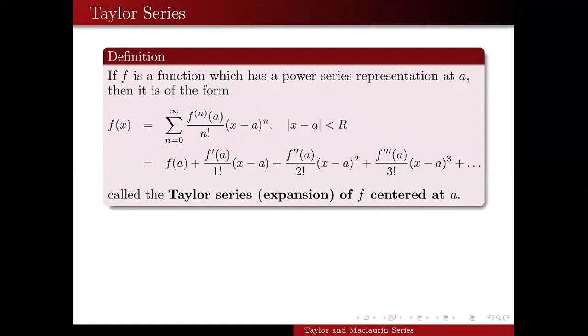And if we expand this, we will have the following. F of a plus f prime of a over 1 factorial times x minus a, plus f double prime of a divided by 2 factorial times x minus a squared, plus f triple prime of a over 3 factorial times x minus a cubed, plus etc. So remember, this is just your c sub 0, c sub 1, c sub 2, c sub 3, etc. And this representation, again, the equality holds only under this condition: absolute value of x minus a less than r for some radius r.